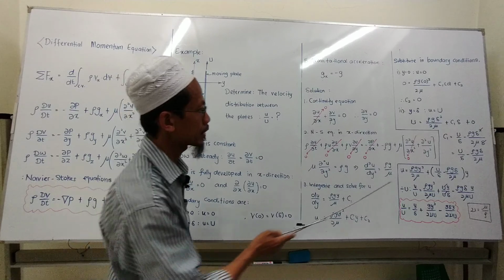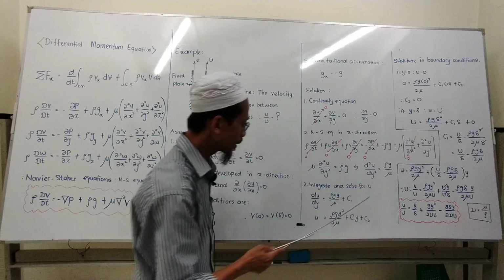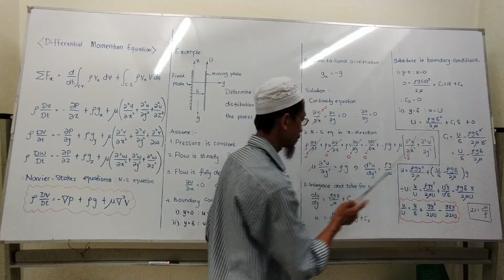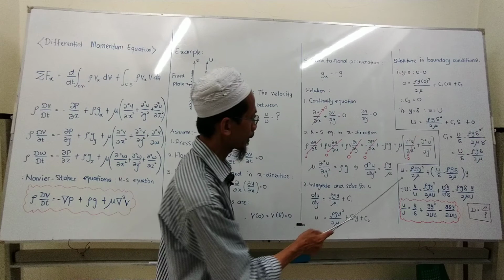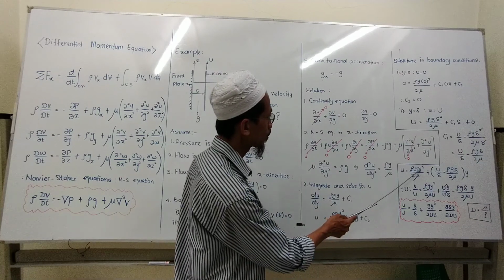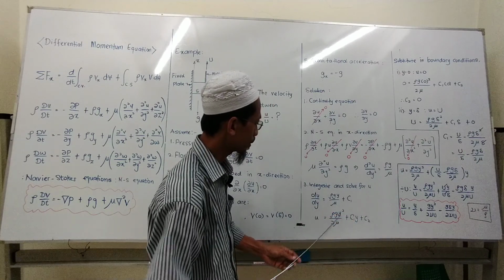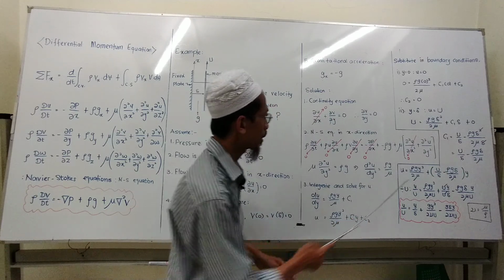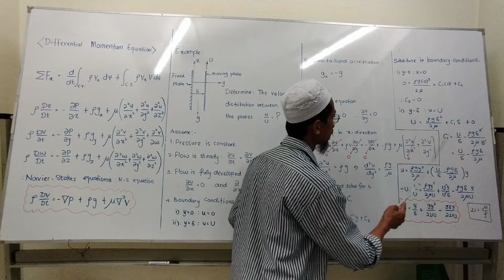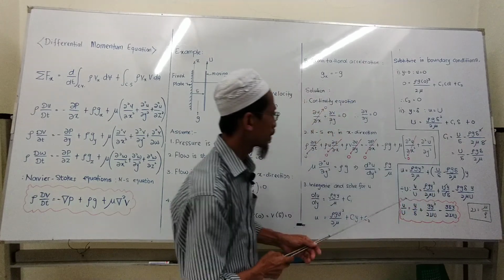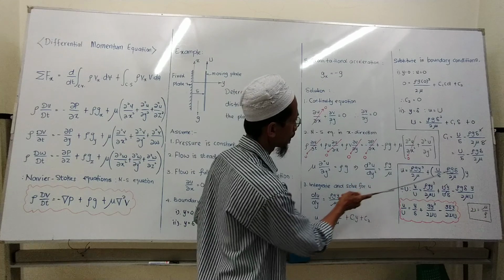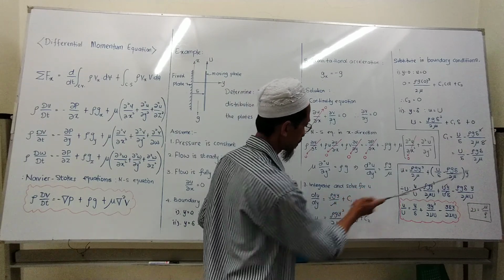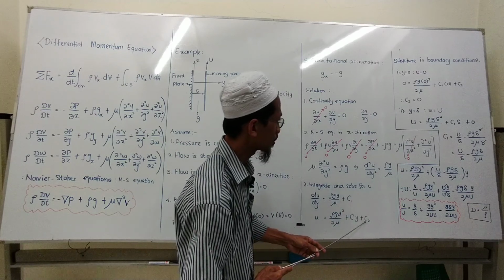And then we substitute c1 with this equation and get small u equals ρg y² over 2μ plus, with c1 substituted, U over delta minus ρg delta over 2μ, times y, and c2 equals 0.